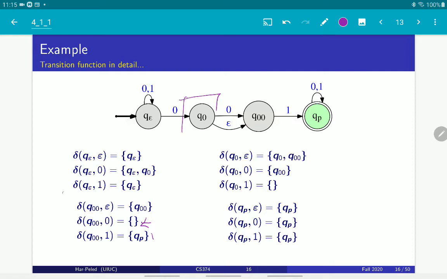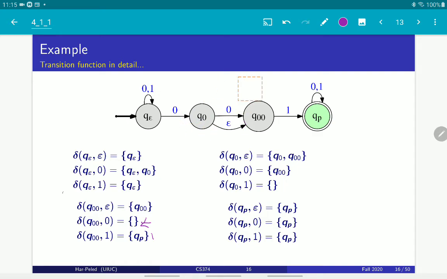Q0. Q0 on epsilon, we might either go to Q00 or stay where we are. So this is Q0 or Q00. Q0 on 0 can just go to Q00. And Q0 on 1 is an empty set.